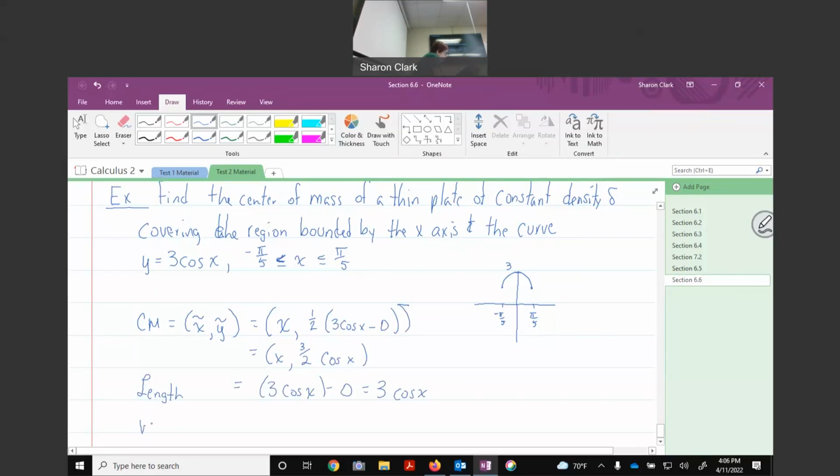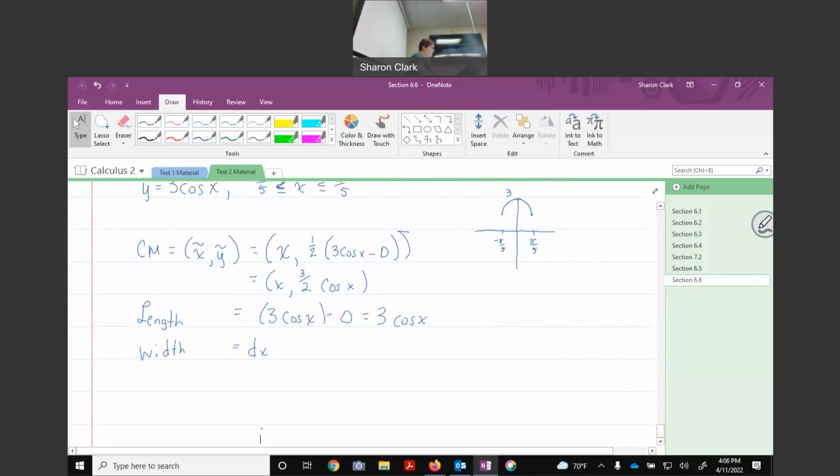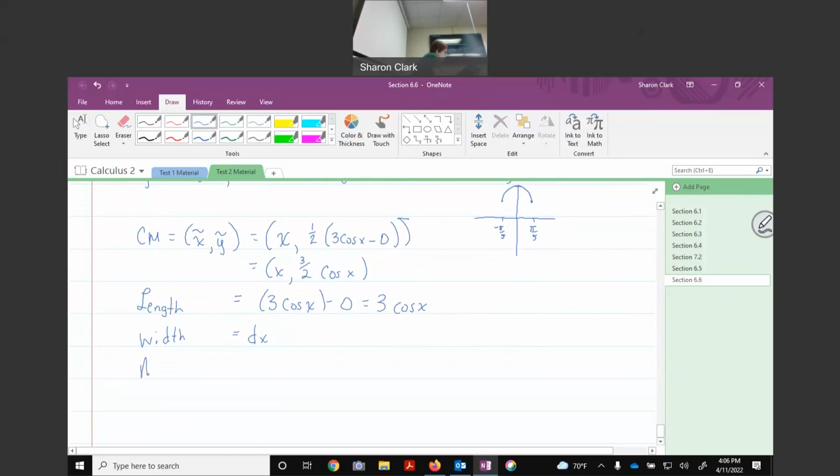Our width is dx. Our area is 3 cosine x dx. dm equals 3 delta cosine x dx.